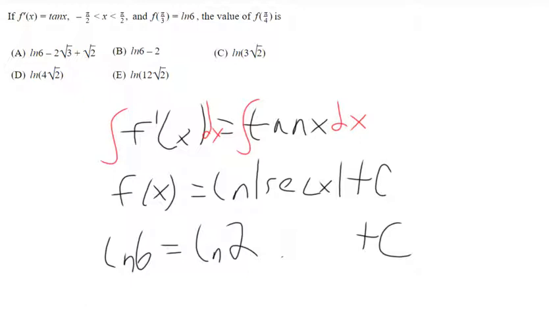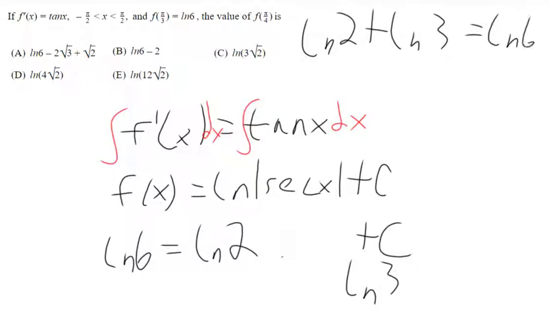So what is C going to be? Well, I know that C is going to be natural log of 3, because natural log of 2 plus natural log of 3 is going to give me natural log of 2 times 3, or the natural log of 6 that we're looking for right here.